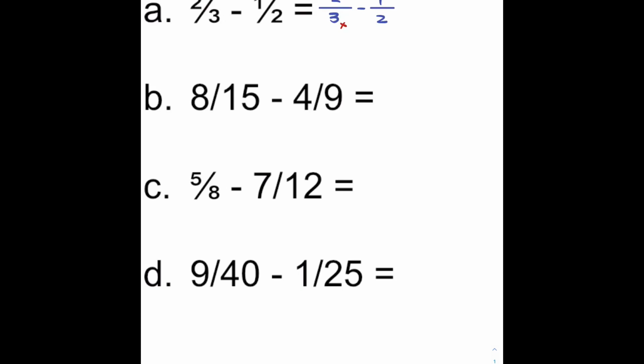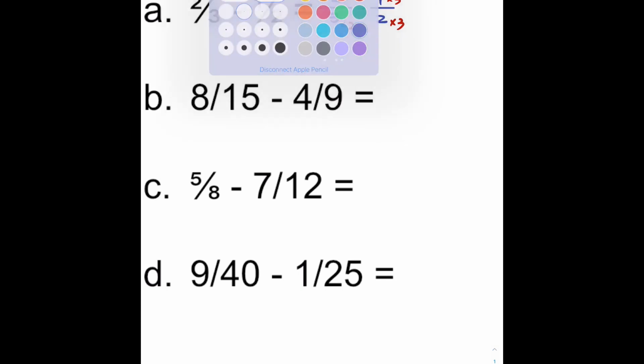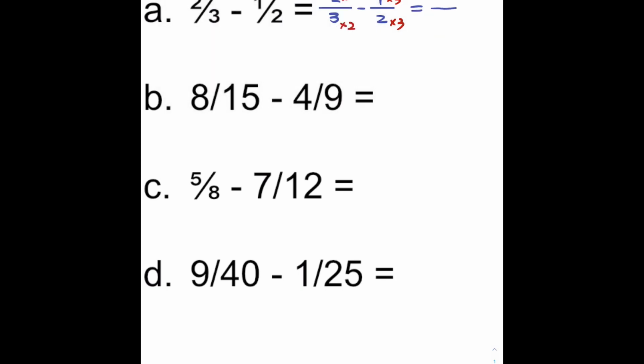Denominator is not the same. Times 2, times 3, times 2, times 3. So 4, 3, and the final result is 1 over 6.